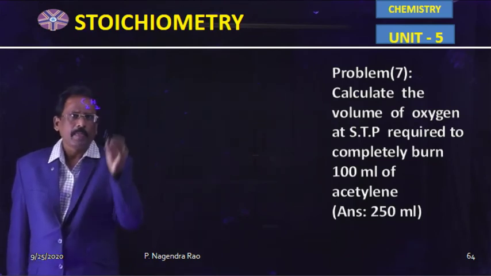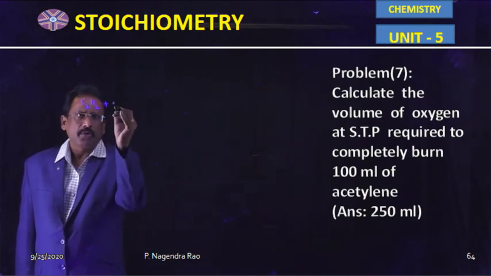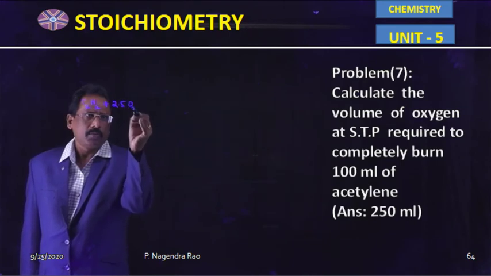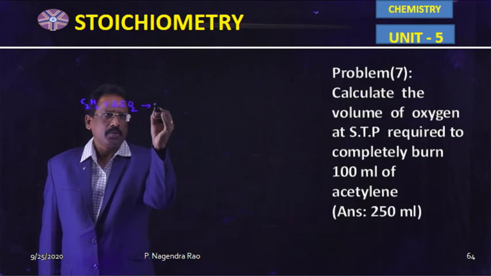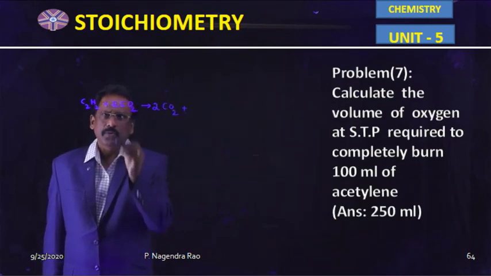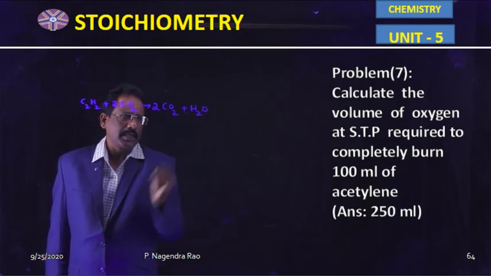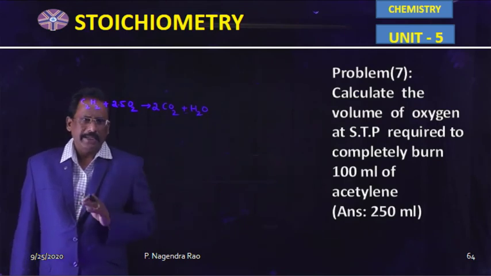C2H2 requires x plus y by 4 moles of O2. So 2.5 moles of O2 liberates x moles of CO2, 2 moles of CO2, and y by 2 moles of water vapor. This is the balanced reaction.